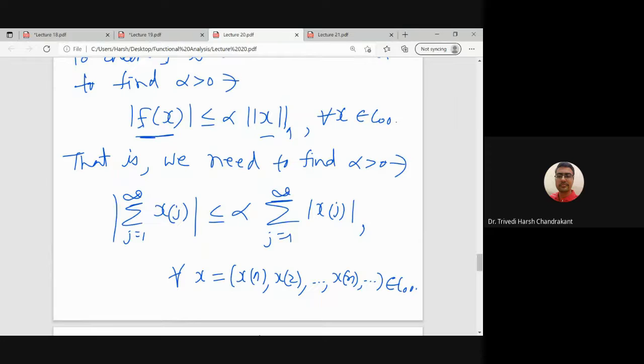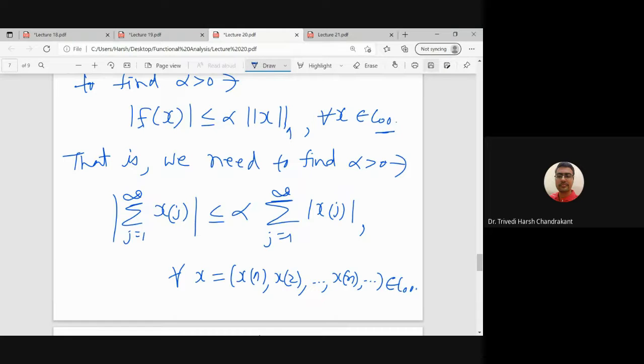This happens only if we take the one norm. If we don't consider the one norm on c00, then we will get a different quantity. If we consider the sup norm, then we get the supremum condition, and in that case it is not continuous. But here it is continuous because we are considering the one norm.